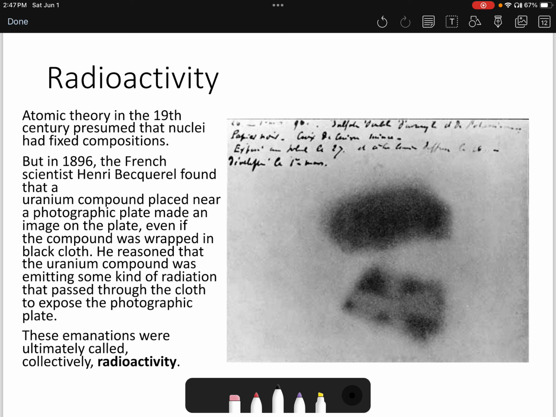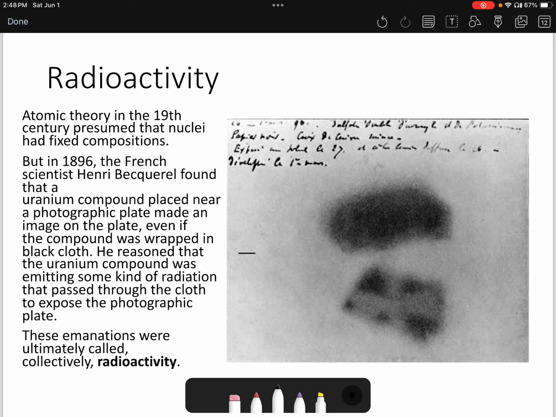You wouldn't really expect anything to happen. But in this case, even though the uranium was covered with a cloth, it still produced an image through the cloth. So there had to be some kind of radiation coming from the uranium, and the radiation was able to pass through the cloth. They ultimately called this radioactivity.